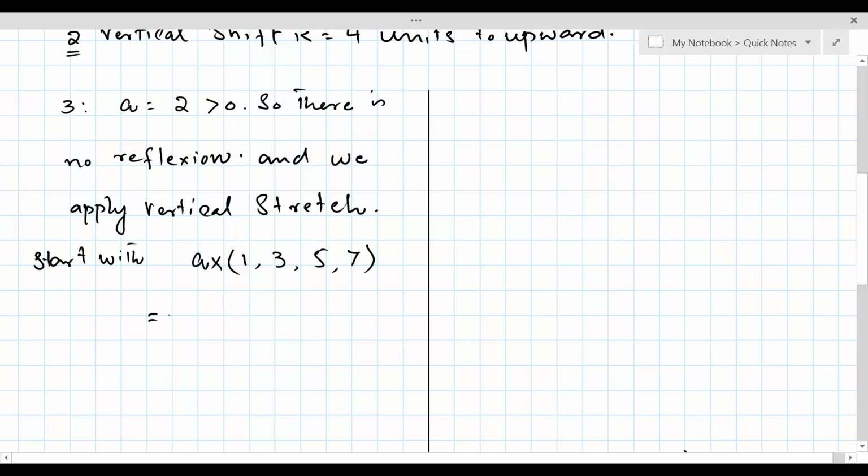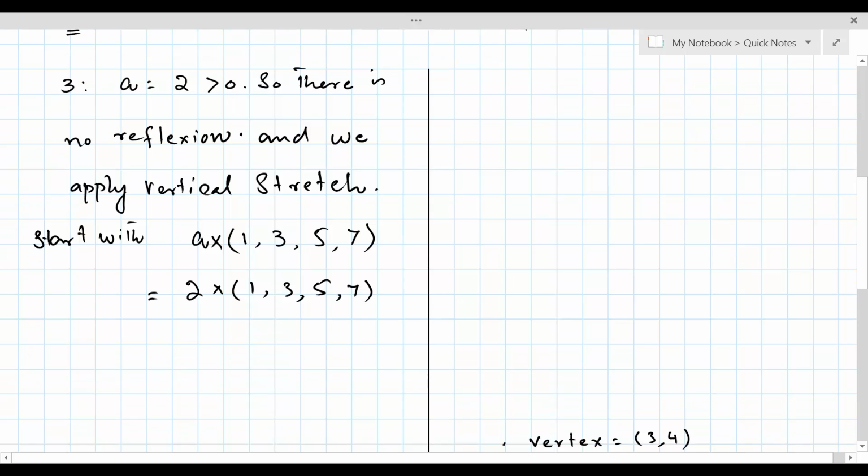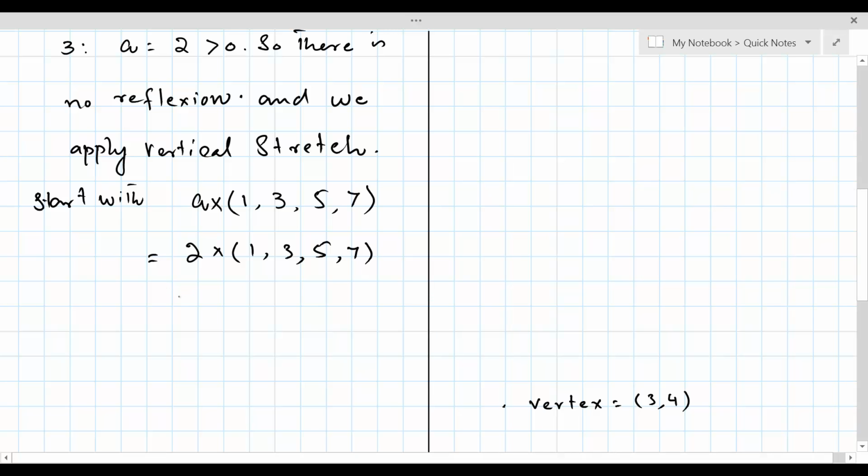Here a is 2. If we multiply 2 with each of these numbers, 1 times 2 becomes 2, 2 times 3 becomes 6, then 10, and 14.